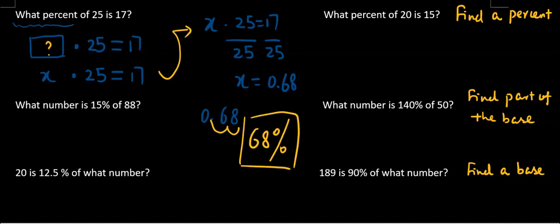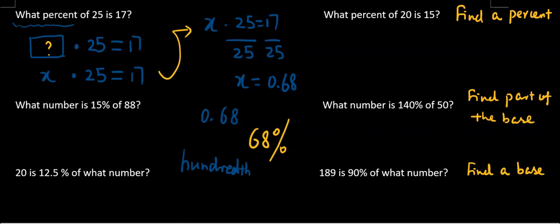Now we want to talk about the percent really quick. If you read this decimal, most of the time we read it as 0.68, but to read it properly, it's 68 hundredths. And we need to know that the percent is actually saying 1 over 100.